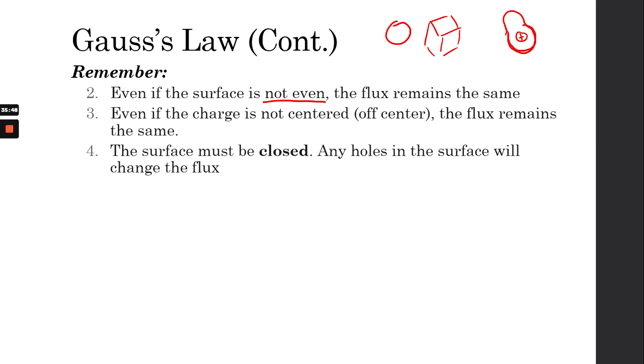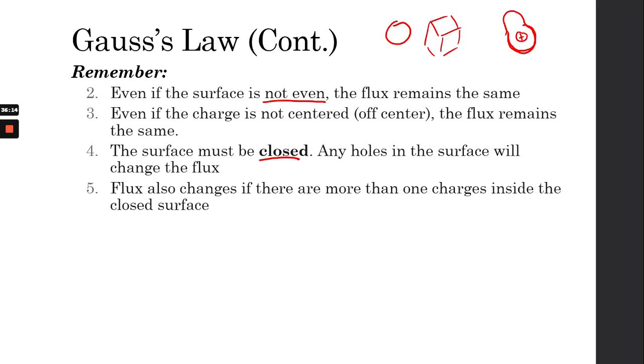And the only thing that you have to note is that your enclosed surface must be closed. There shouldn't be any holes on your surface. Otherwise, the flux will change. Having a hole on any of your surfaces, Gauss's law breaks apart. It does not work anymore. So it has to be closed.